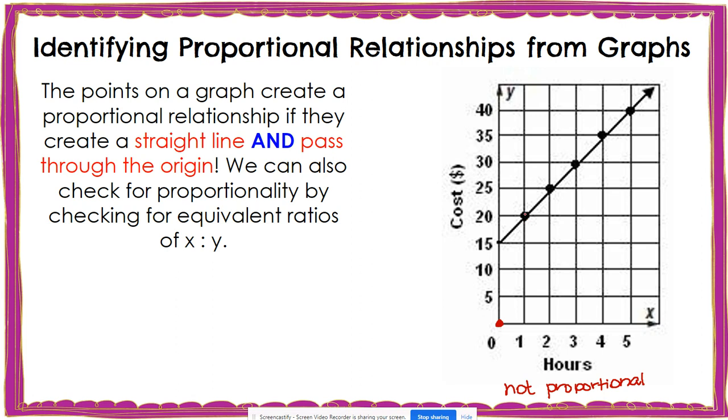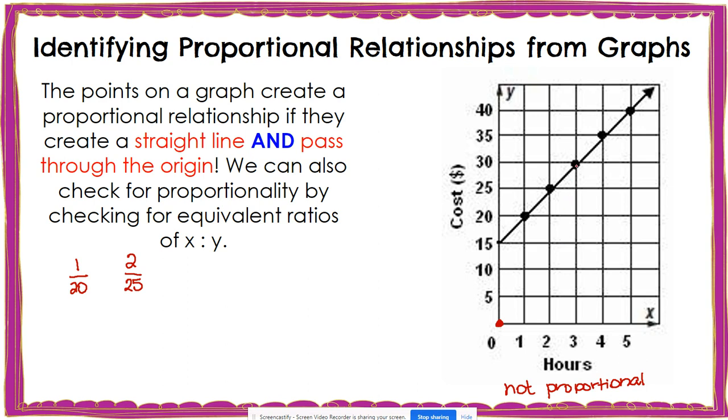If I look at the first point on my line, my first point has an x value of 1 and a y value of 20. So I can write that as 1 to 20. My second point has an x value of 2 and a y value of 25. I can write that as 2 to 25.